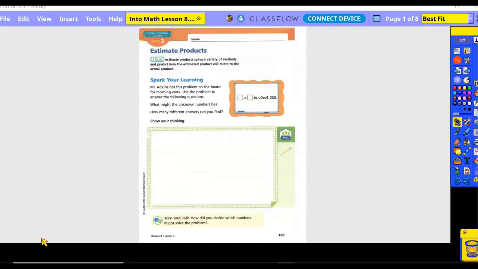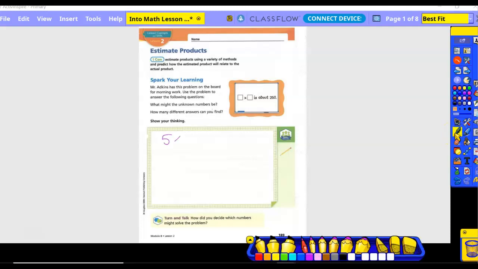What might the unknown numbers be? So he got 250, right? What times something can get us 25? 5 times 5, right? Okay, so we could do 5 times 50, because we know 5 times 50 would get us 250.